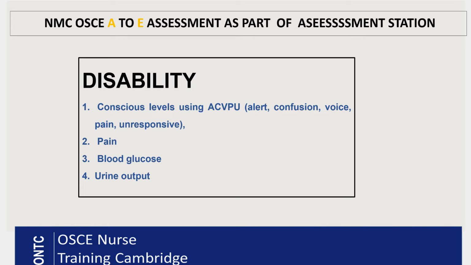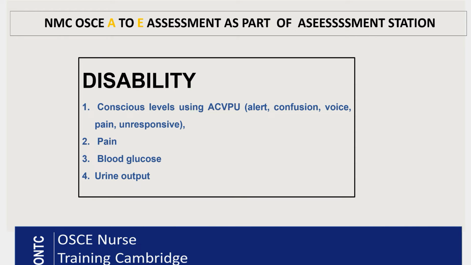You're not going to get anybody unresponsive in your exam, or anybody who only responds to pain or voice, because your patient will be talking to you in your OSCE exam. So you just need to work out whether your patient is alert or confused.